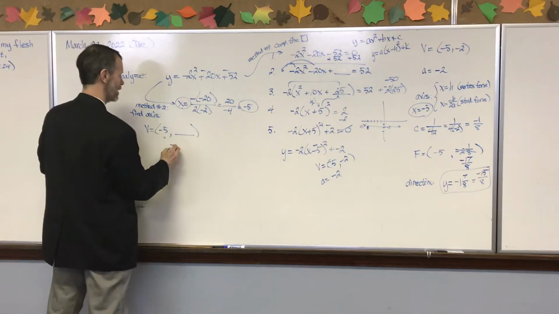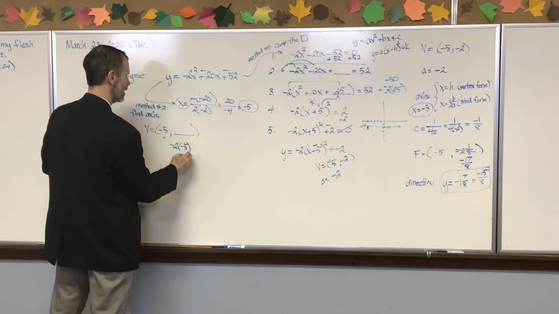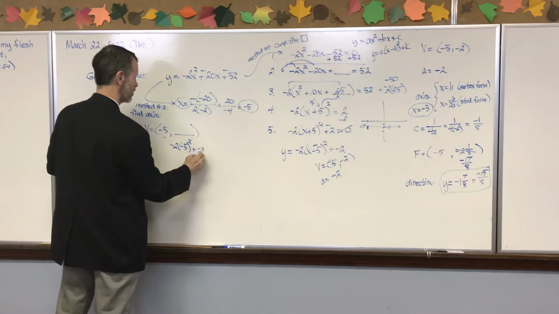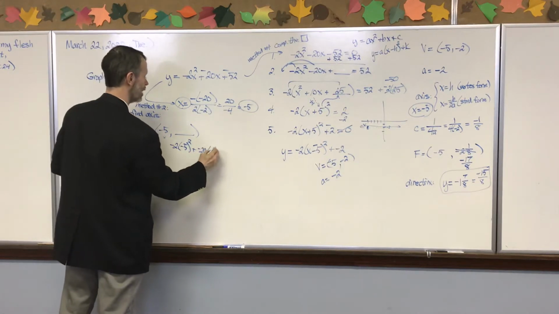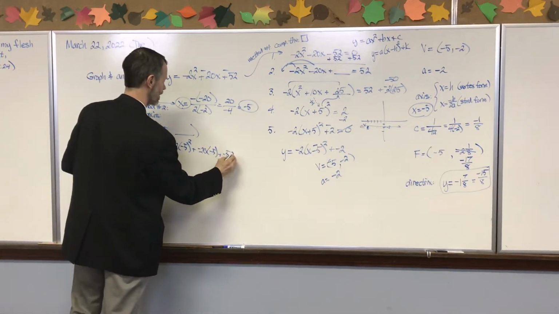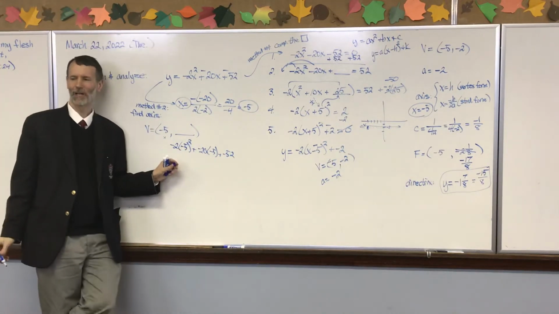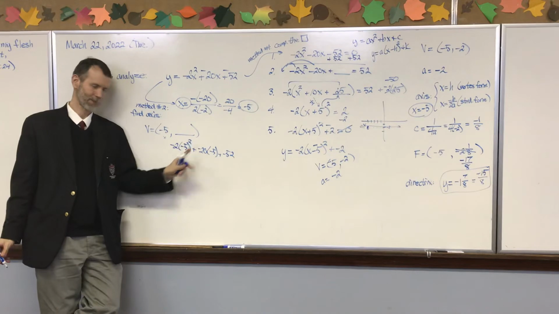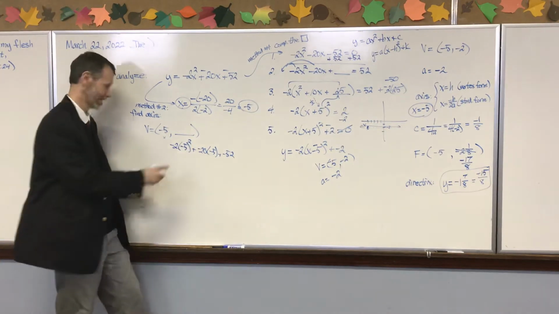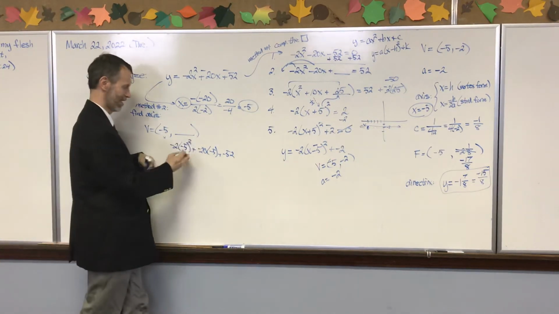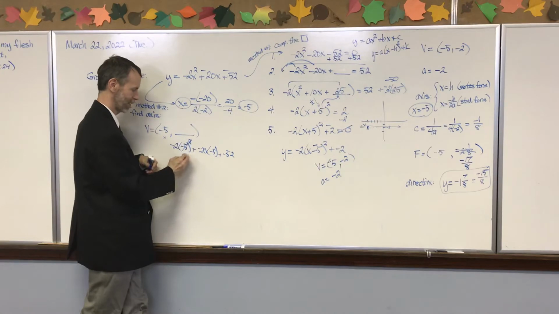So it's going to be negative 2 times negative 5 squared plus negative 20 times negative 5 plus negative 52. By the way, what do you do first, math people? Do you multiply first or exponent first? Exponent. So what's negative 5 squared? 25. Good. 25 times negative 2?